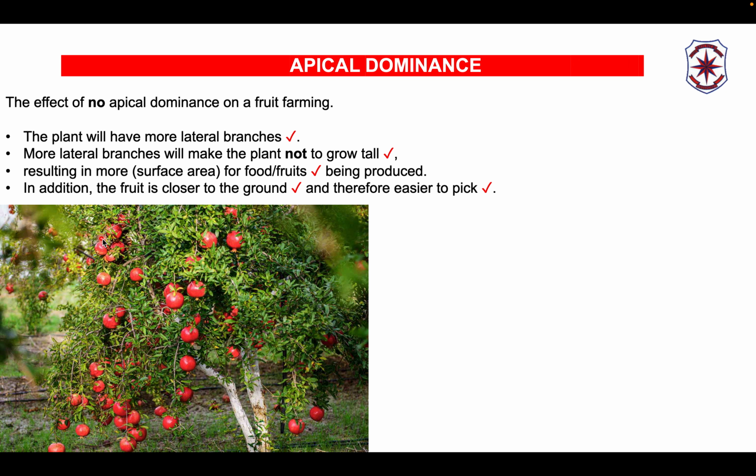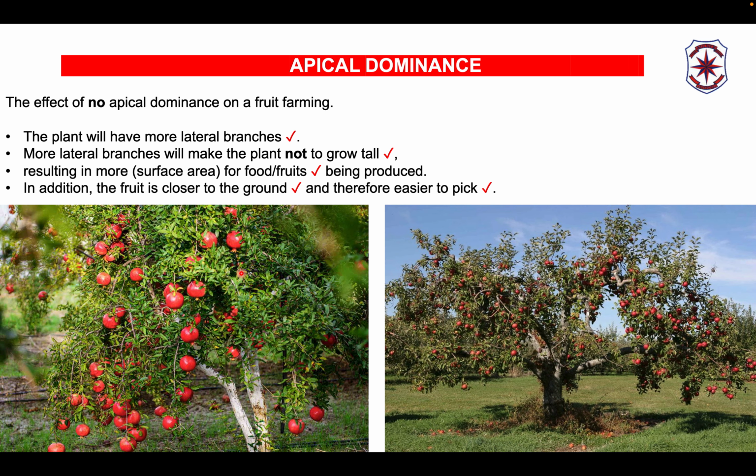And the more lateral branches it has, the more fruits it's going to bear. And because it doesn't grow tall, the fruits are easily picked by the farmers. Same goes with that particular one. All right.